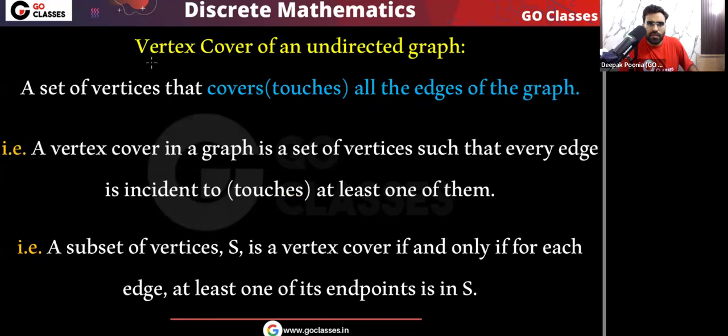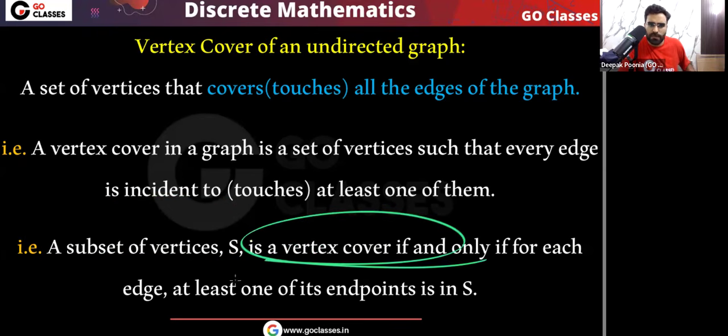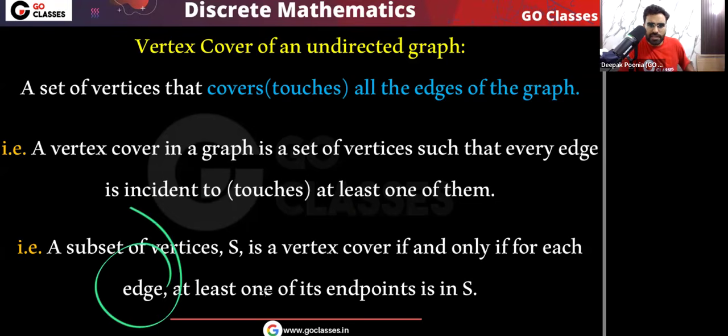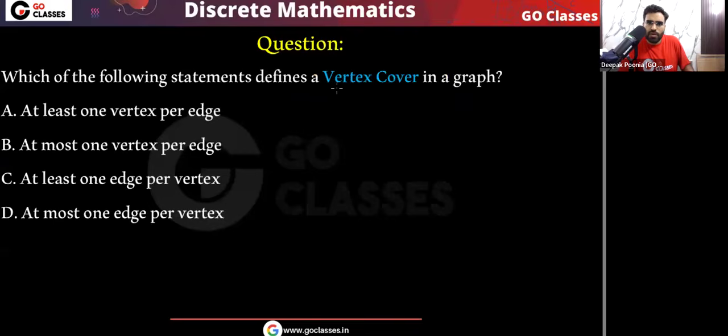A vertex cover of any undirected graph is a subset of vertices that will cover all the edges of the graph. So a subset of vertices S is a vertex cover if and only if for each edge at least one of its endpoints must be in S. Yes or no? Okay, very simple.